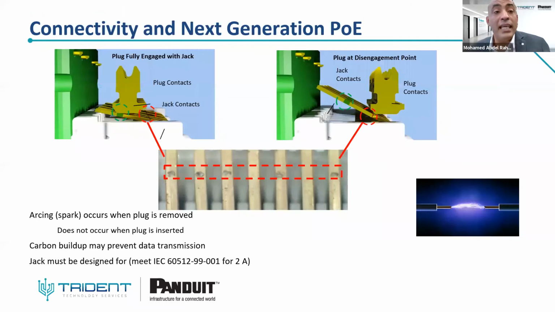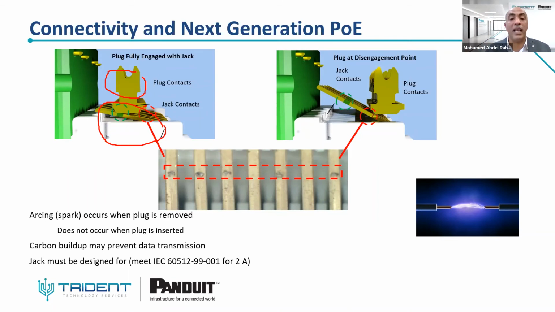Another one, connectivity and network, our next generation for the POE. Very simple. You can see here, this is the plug and this is the jack. When the plug is removed from the jack in a system that has POE signals on the cables, a spark or arc will happen briefly between the plug and the jack.